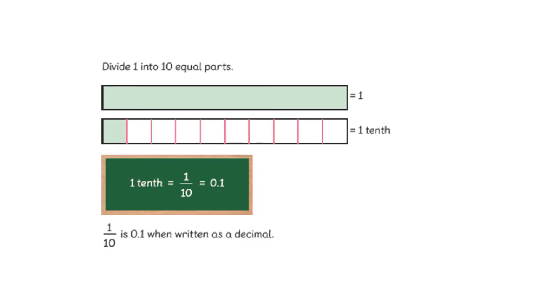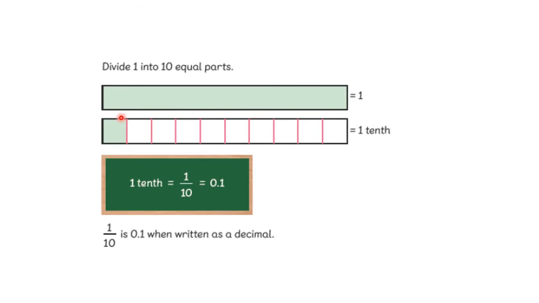Okay, so to recap yesterday's lesson about tenths, we learnt that when you divide 1 into 10 equal parts, you get tenths.